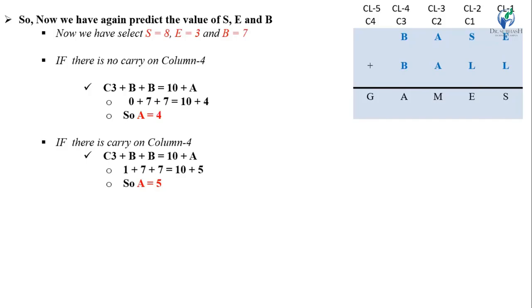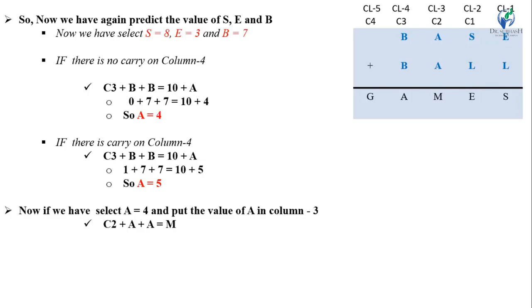So A is equal to 5. Here we have found A is equal to 4 and A is equal to 5. So we consider A is equal to 4 and put that value in column 3. So it can be C2 plus A is equal to M. Now we put the value of A is equal to 4 in this equation, and the carry is 1.